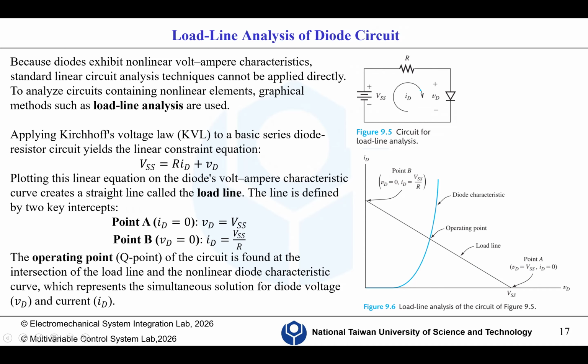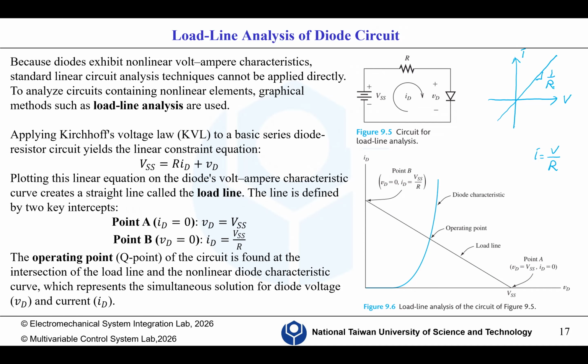Of course, the relationship between the voltage and current of a diode is a nonlinear function. So what is linear? We have Ohm's law, I equals V divided by R. So if this is V, this is I, then the slope is 1 over R.